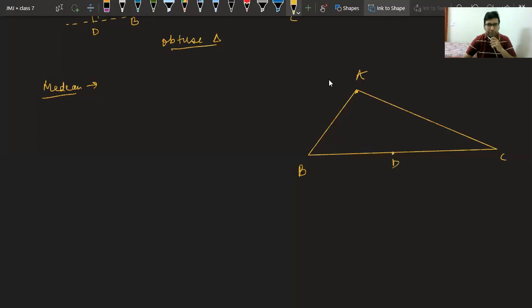Suppose D is the midpoint. If D is the midpoint, then the line joining this midpoint with the opposite vertex is known as a median. This is a median. So Bani, very good beta. A median is a line joining a vertex to the opposite side's midpoint. Very good.